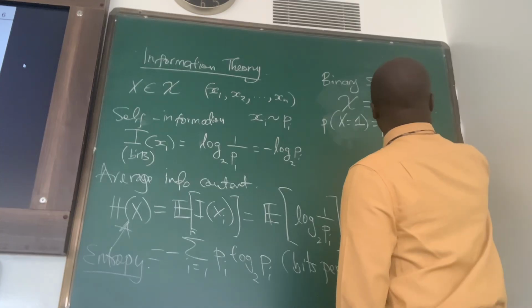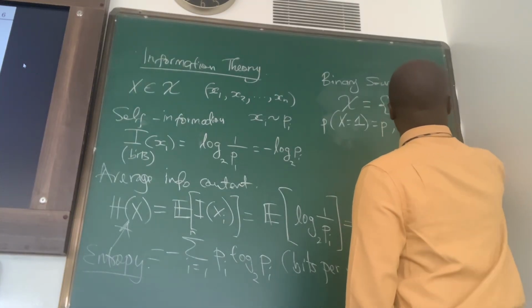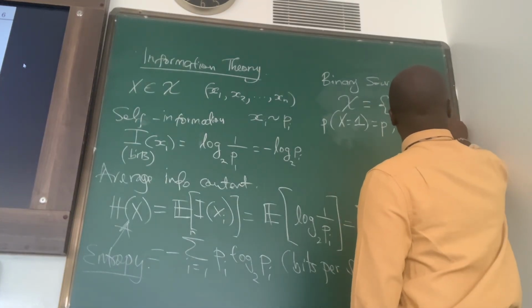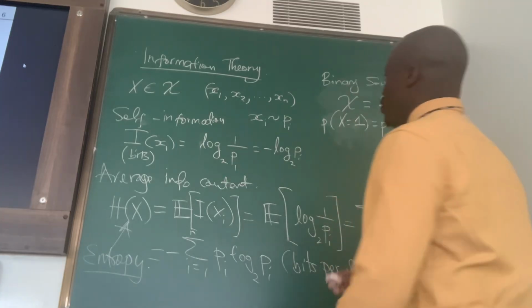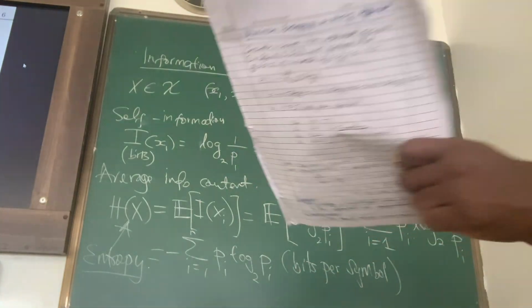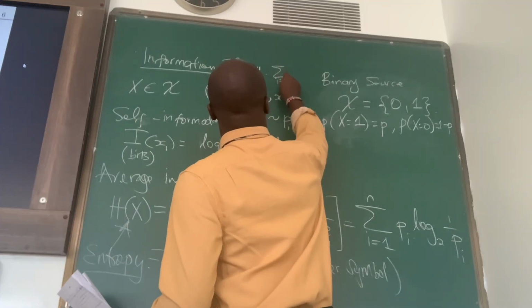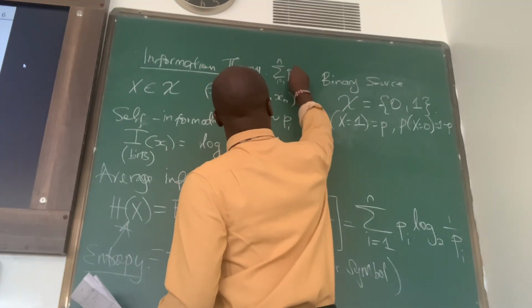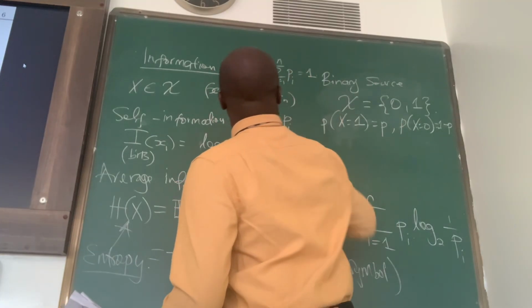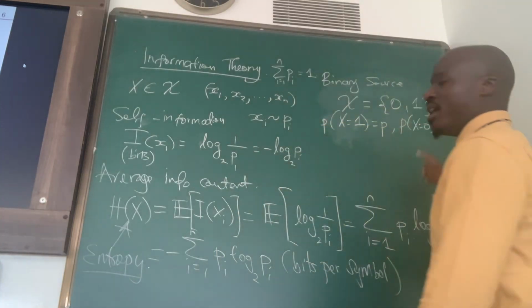And then the probability that x equals 0 is therefore going to be 1 minus p, because all these probabilities should add up to 1. So if I take the sum of pi from i equals 1 to n, this should give me 1. So I have a binary source.